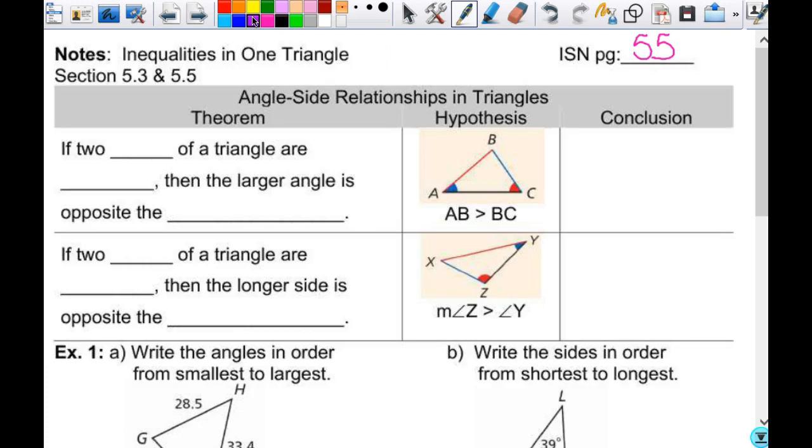This first theorem says if two sides of a triangle are not congruent, that means we're talking about triangles that are not isosceles, not equilateral, then the larger angle is opposite the longer side.